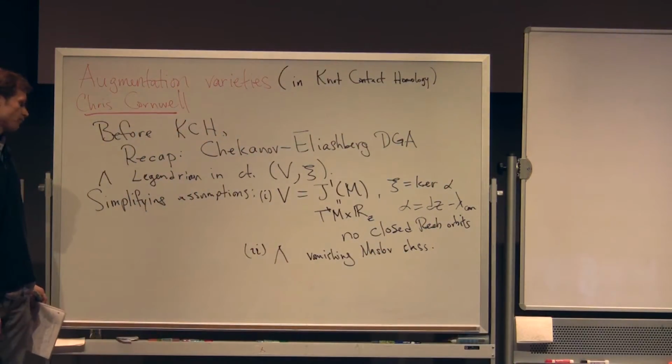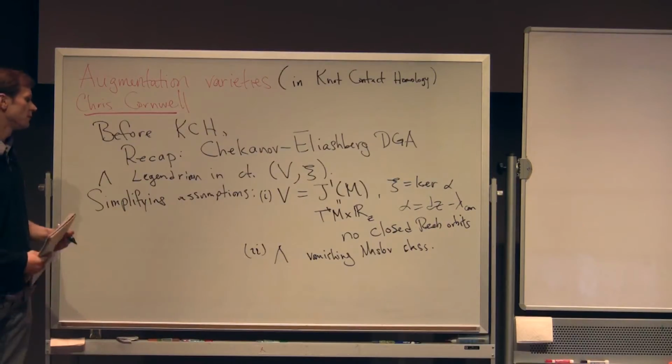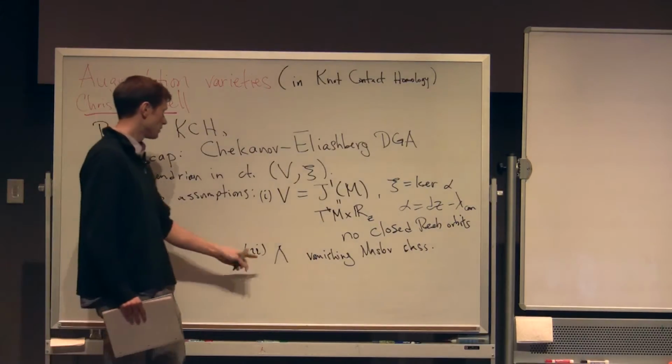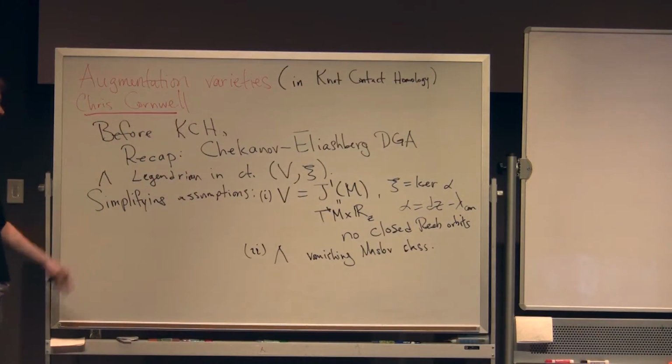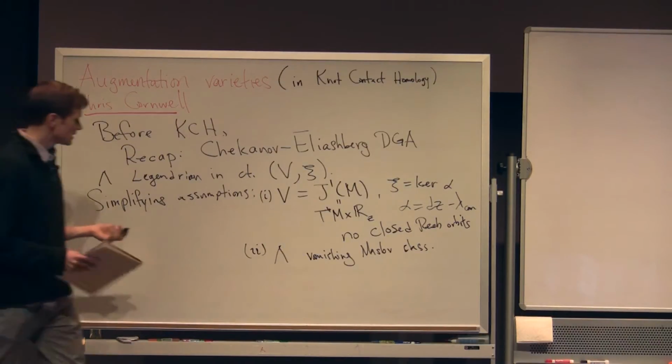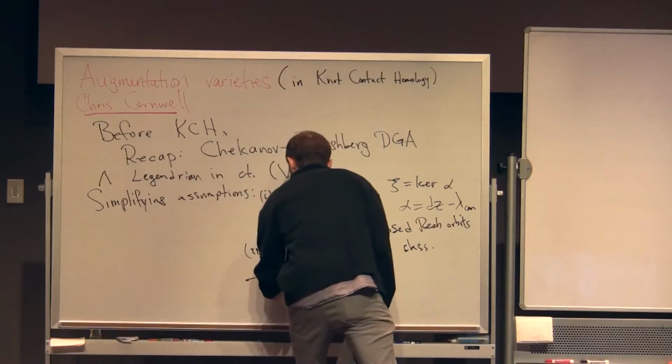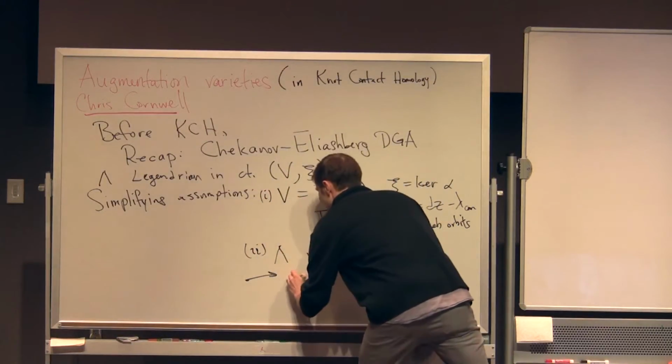But in general, you have a Maslov class in H1 of the Legendrian, and I'm just going to assume that it is 0. What this ends up doing for me is giving me a grading of my algebra over Z.